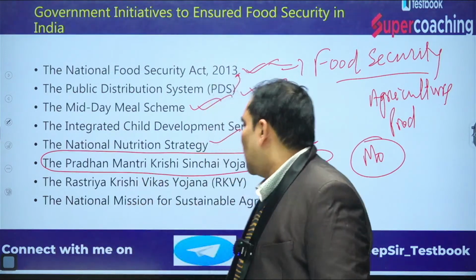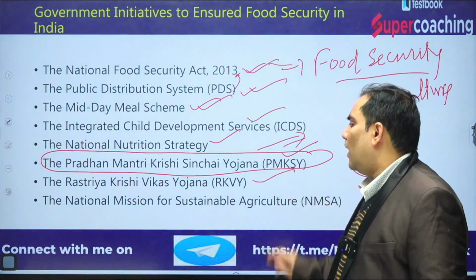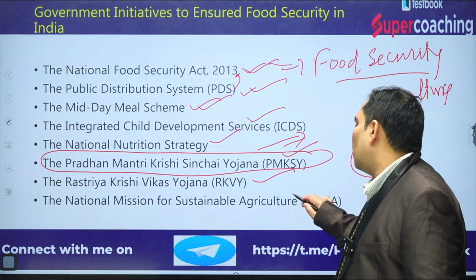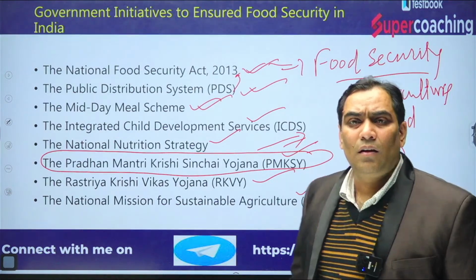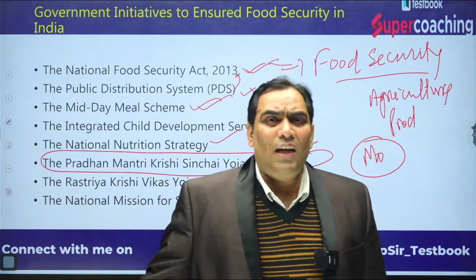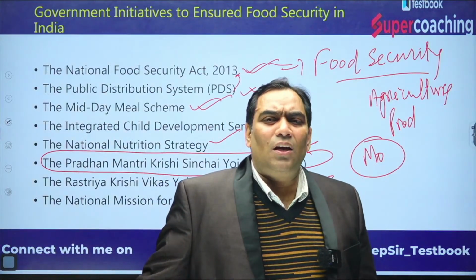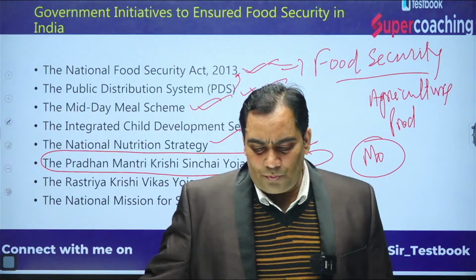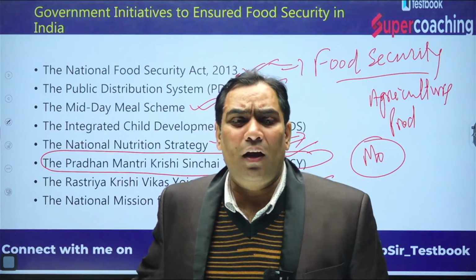Not only this, there is the Rashtriya Krishi Vikas Yojana as well. There is the National Mission for Sustainable Agriculture. These are the important government initiatives to ensure food security in India.